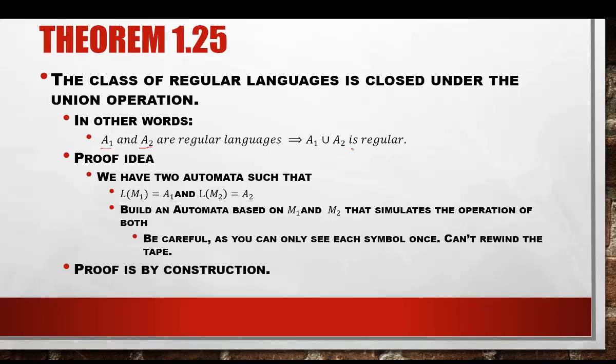Now, let me give you an analogous version of this statement with numbers, which you are quite familiar with, or should be at this point, and that is the set of natural numbers and the operation plus.